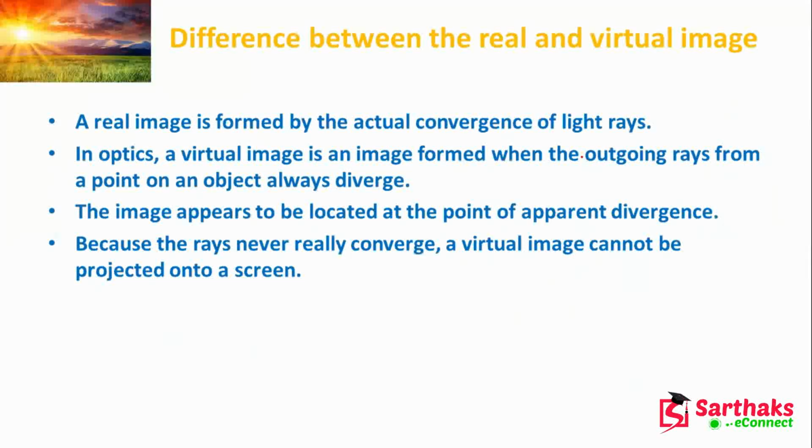Now the difference between the real and the virtual image. A real image is formed by the actual convergence of the light rays. Now, what is the convergence? So here, suppose this is one type of mirror.